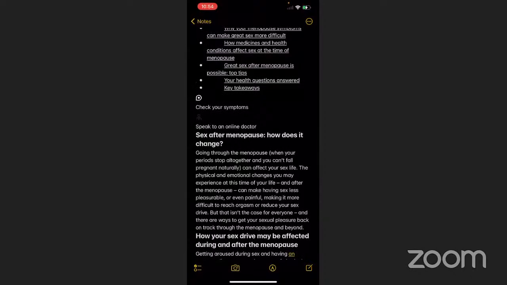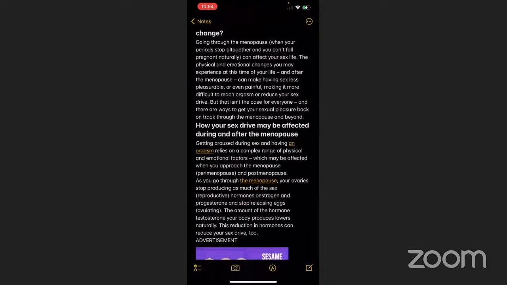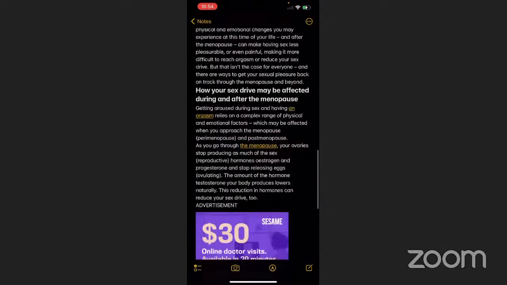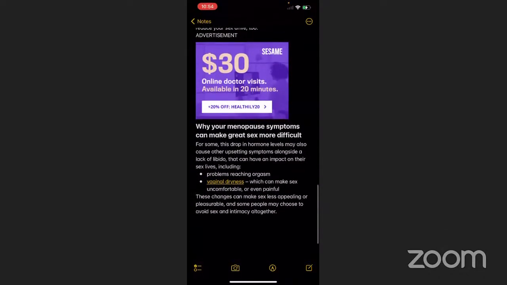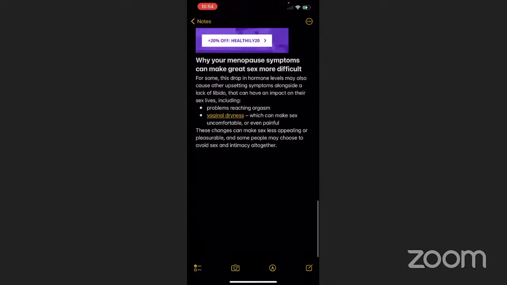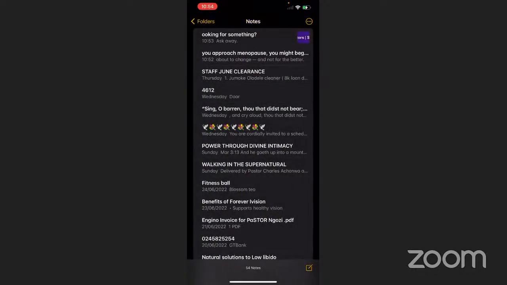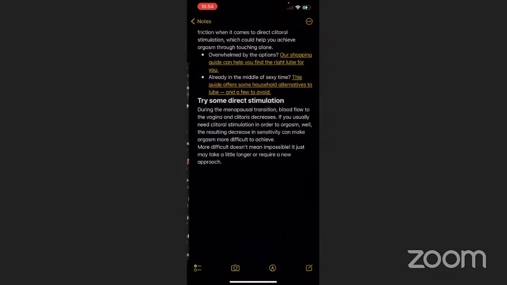Sex after menopause, how does it change? That's one point I would like to talk about. How your sex drive may be affected during and after menopause, I would like to talk about it. So why your menopause symptoms can make great sex more difficult, okay? Then I'll come and check the other one again. So those are the 3 points from there.